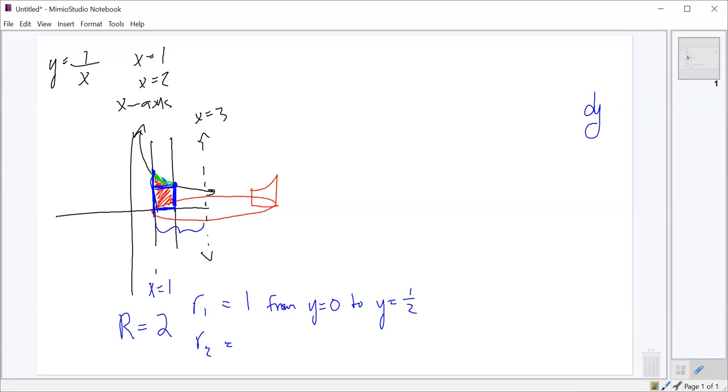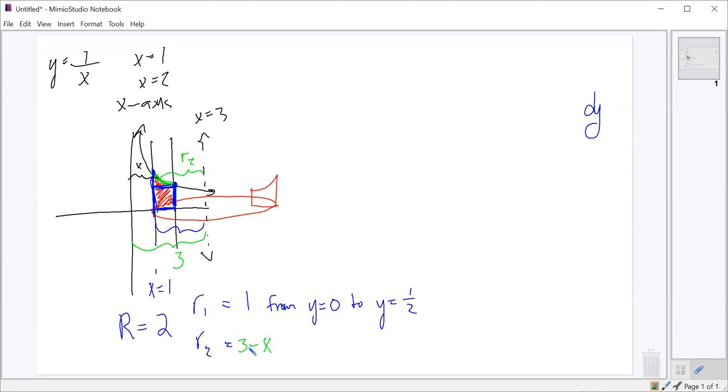And then our inner radius up here where we're talking about the green piece of it, we're going to have to look at how far over we've gone. Well, how far over do we go from the y-axis? That's x. And the radius is the rest of that. Do y'all agree with that? So that radius ought to be the full distance, 3 minus x.